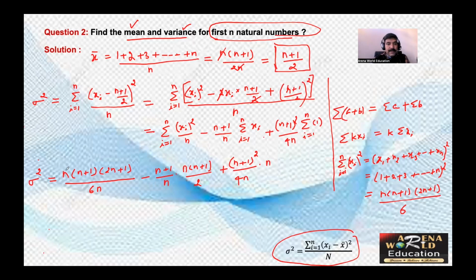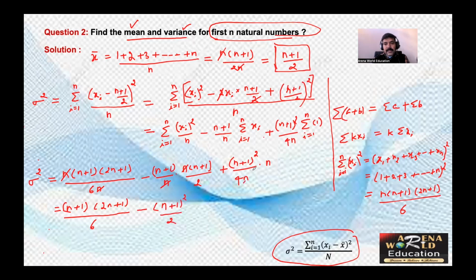Now let us simplify this one. n and n will be cancelled out. We are left with (n+1)(2n+1) divided by 6 minus, yes, this n and this n will be cancelled out, and we are left with what? (n+1) into (n+1). This will be (n+1) whole square divided by 2.